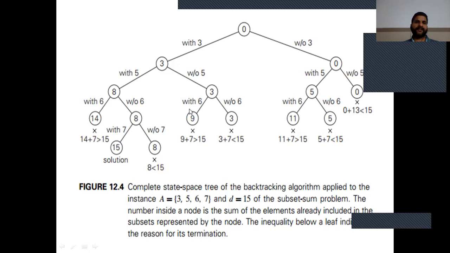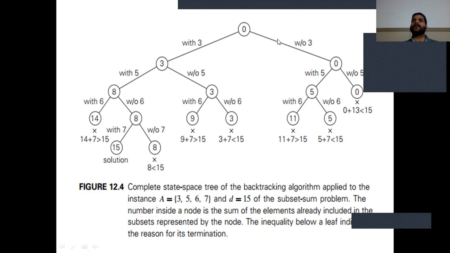After 5 we select with 6 and without 6. With 6, the sum is 9. 9 plus 7 is greater than 15. We therefore do not achieve the solution of the subset problem, so we backtrack. And after this branch, without 6, we also do not find the solution. We go back to the root, 0.